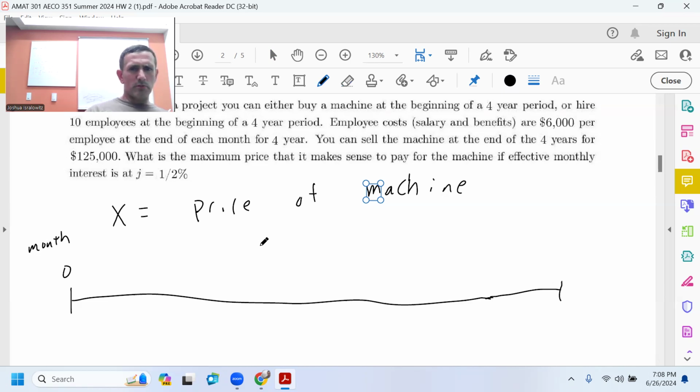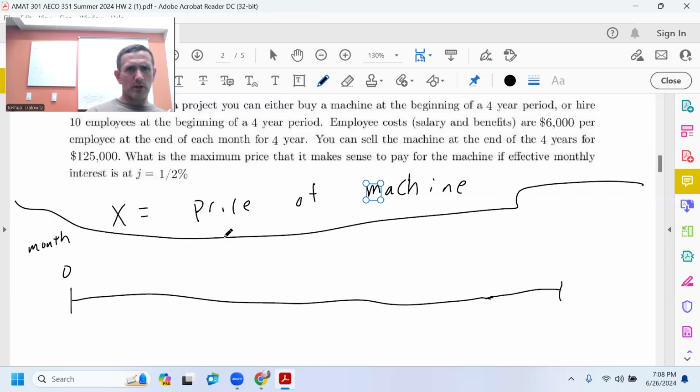All right, so this is employee costs. I guess you really don't need this, but yeah, you've got 6,000 per employee, 10 employees, so 6,000 times 10 is 60,000.